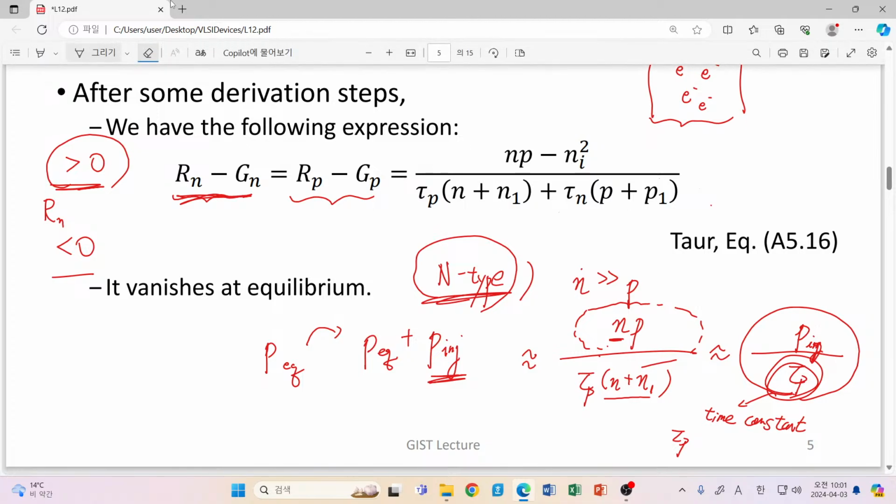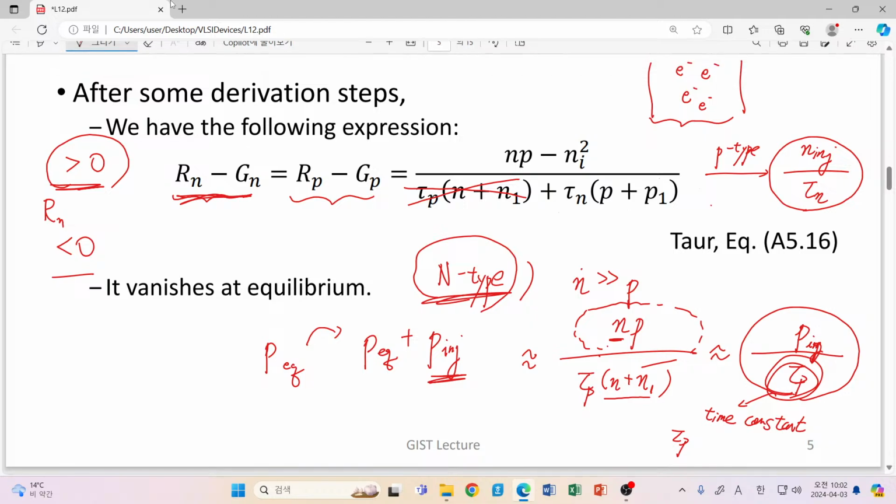However, in the case of a p-type sample, what happens? For a p-type sample, the electronic contribution goes away, and it can be considered that the injected electron density has a certain relaxation rate following the relaxation time of tau sub n.